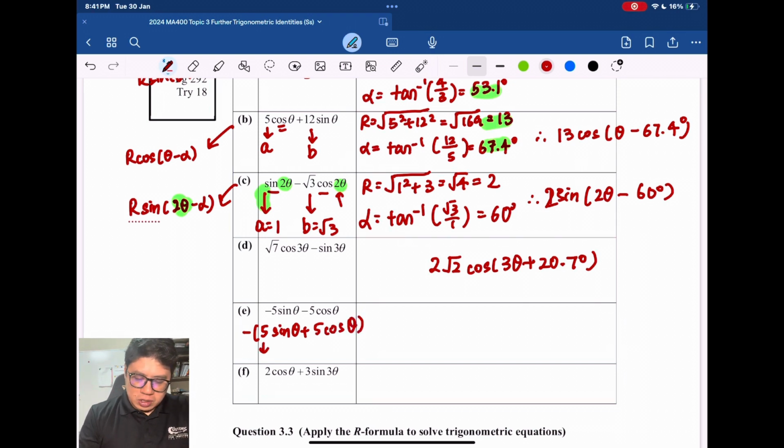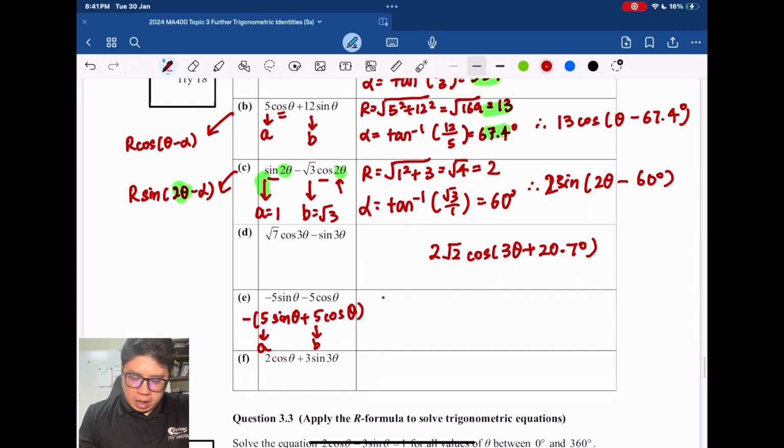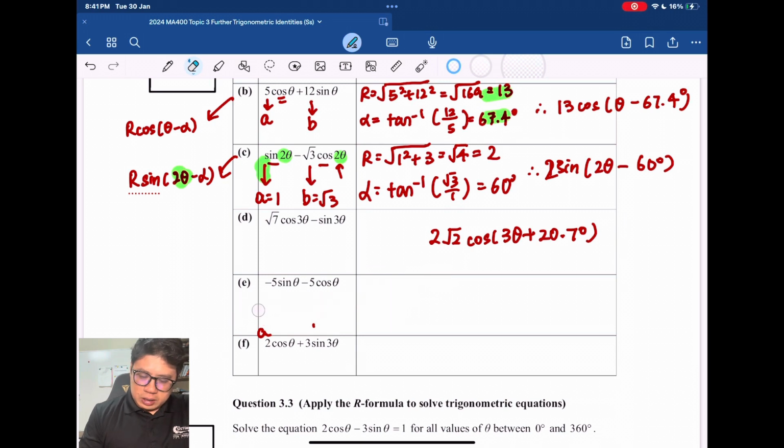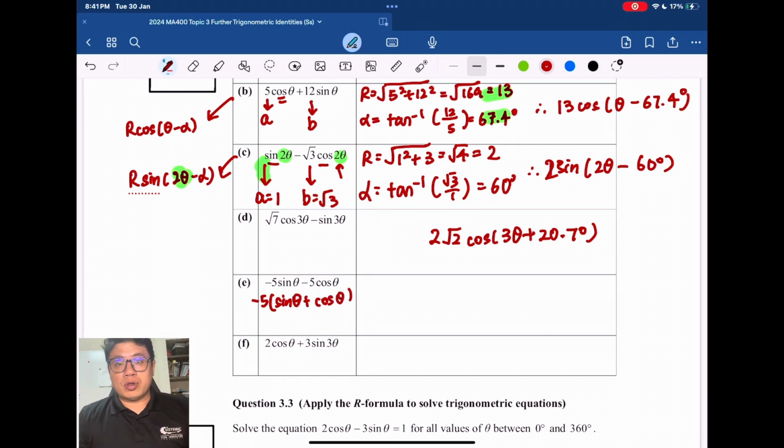Treat A as your 5, B as 5, then you will have R to be square root 5 square plus 5 square. Or you can even just take out the entire negative 5, so what you're left with is just sine theta plus cosine theta, since the negative 5 is eventually going to be a constant.